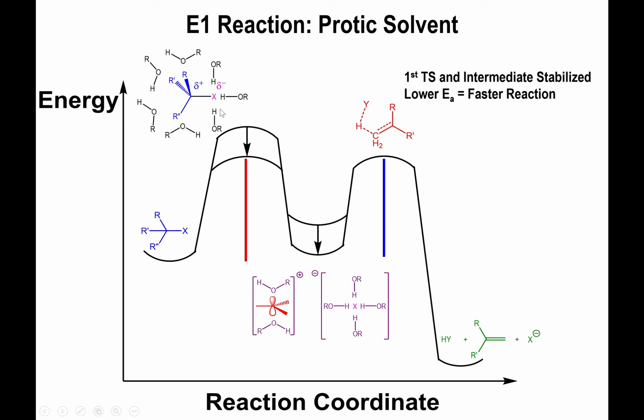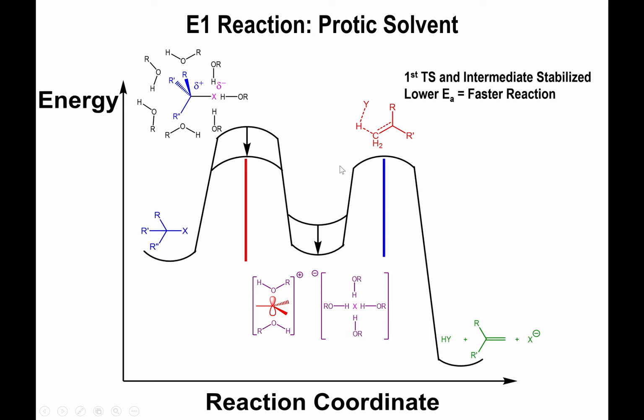So you're facilitating that process of breaking that leaving group bond to the electrophilic carbon. And the facilitation of lowering the energy, or making it likely that this is going to break, is the same thing as saying that the activation energy, the transition state, is going to be lower. So this makes the process go faster.